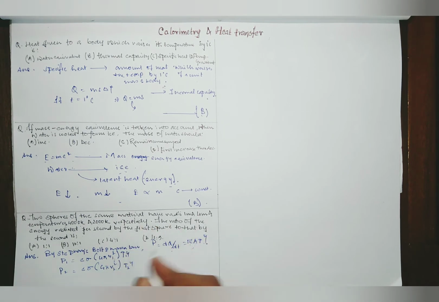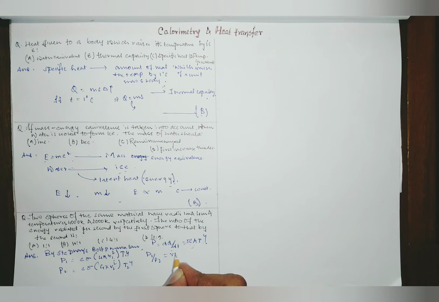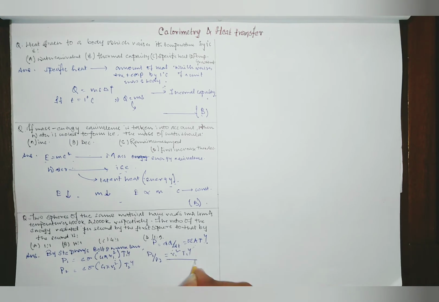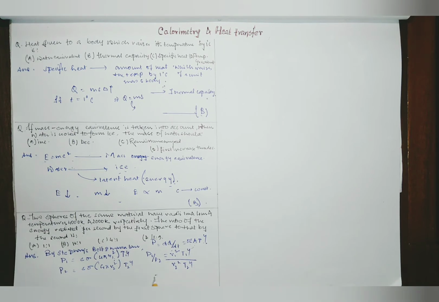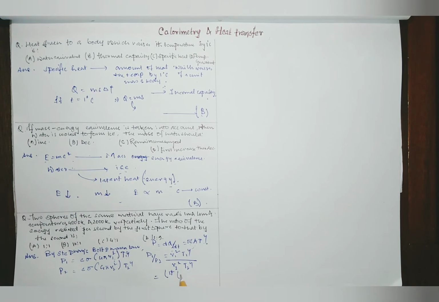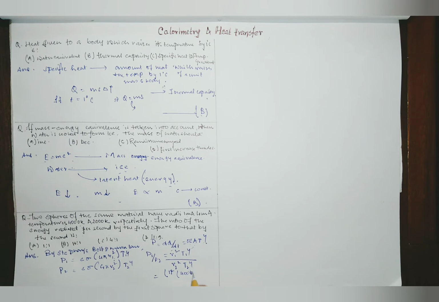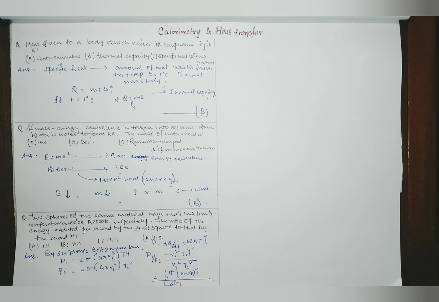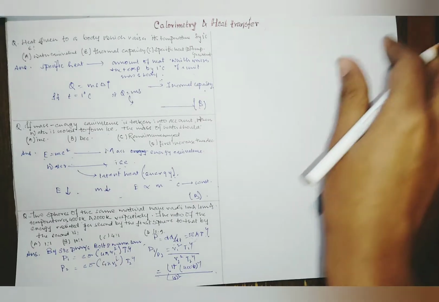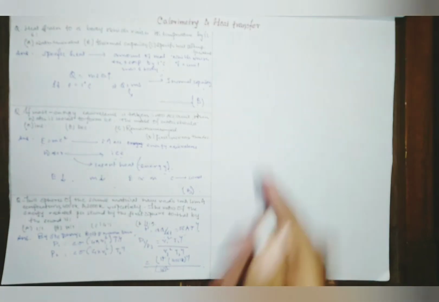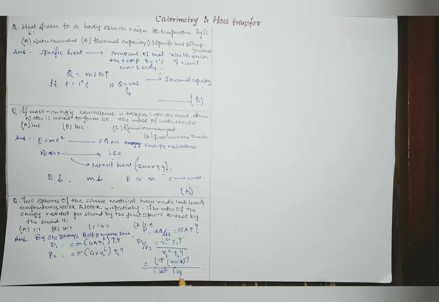Now for the ratio we have to do P1 by P2, which is R1 square T1 to the power 4 by R2 square T2 to the power 4, right? Now by putting the values, we get 1 square into 4000 to the power 4 by 4 square into 2000 to the power 4, right?